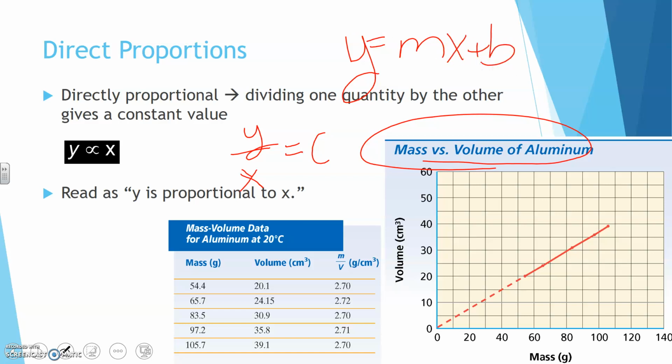B in this case would be 0, because that is your y-intercept and it goes through 0,0. So it would be y equals mx. If you look at this formula, you can get the m on its own by doing y divided by x equals m. Look at that, same format right there. And in this case, your m is your density.